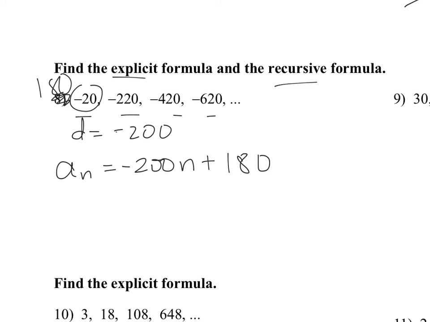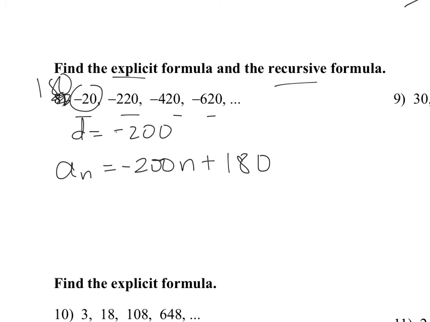Okay, so that makes negative 20 minus 200n plus 200. And then if you combine the plus 200 and the minus 20, you get 180, which is what we had there. So you can use that formula if you would like. I'm going to erase that.